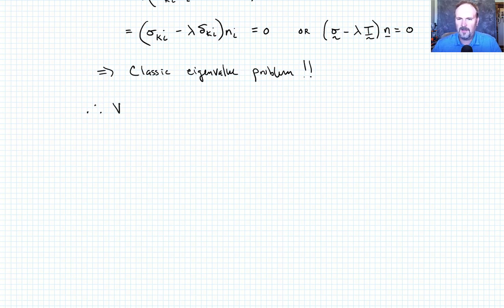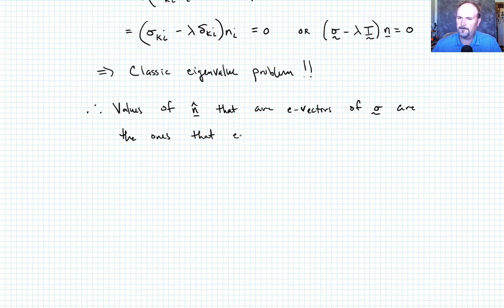Therefore, the values of n, that unit vector, that are eigenvectors of sigma are the ones that extremize the normal stress.